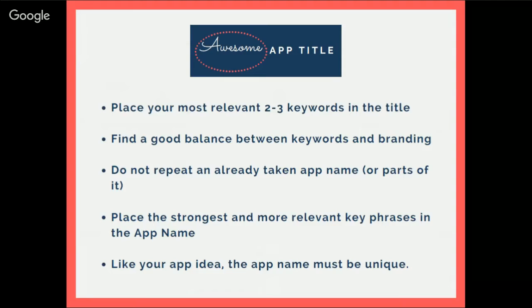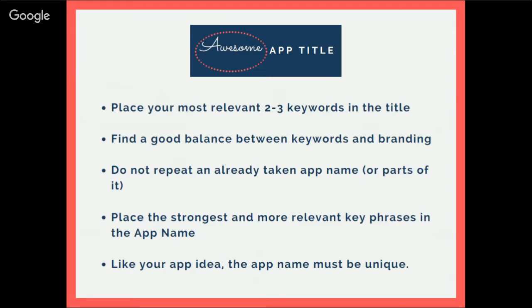Let's say your application is into teaching, and the application name is Tutor, and then you add some words, let's say teaching students worldwide, or tutoring classes for maths and science, so that you are able to optimize even for keywords such as math, science, or teaching.